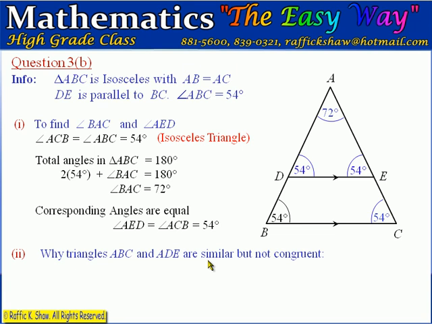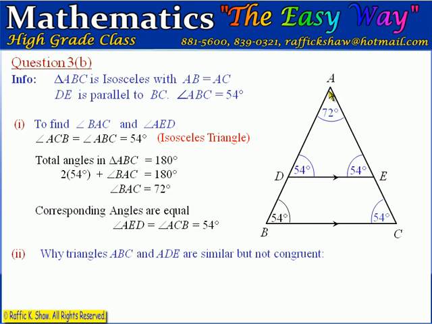So similar triangles have all angles equal, but congruent triangles have all angles equal and all sides equal.